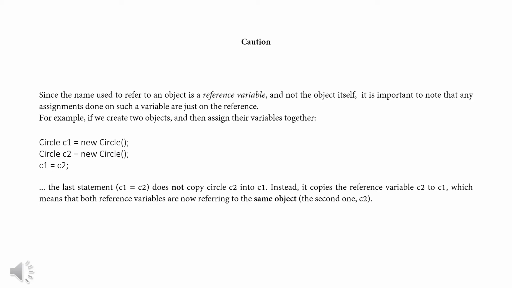No, this variable is referring to the object. So, for example, if you create two objects and then, as you see in this example, assign their variables together, for example, C1 and C2, it's not like C2 is copied into C1. No. Because both of them are reference variables, now both of these variables are referring to the same object.